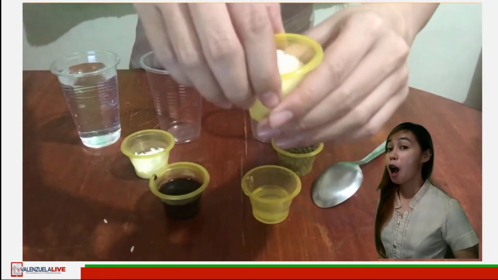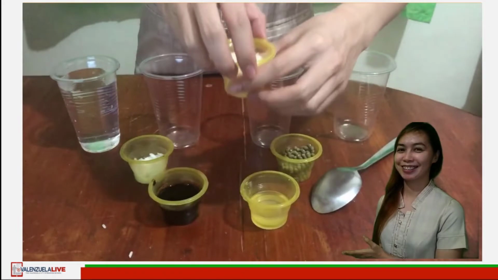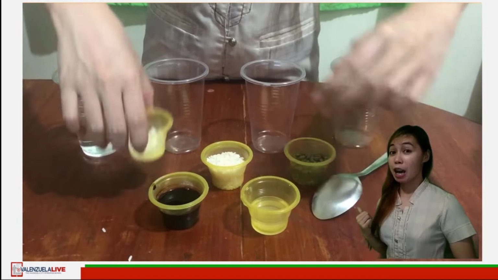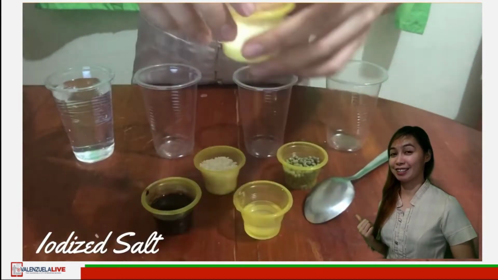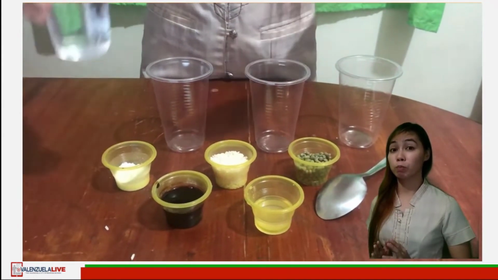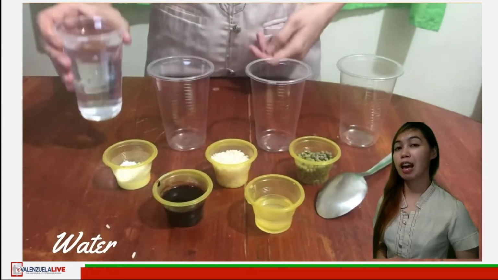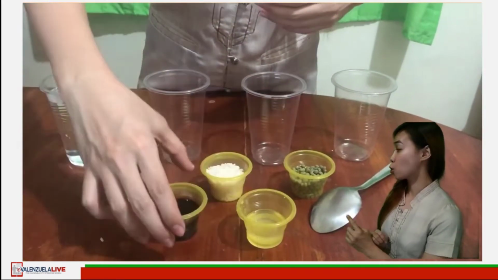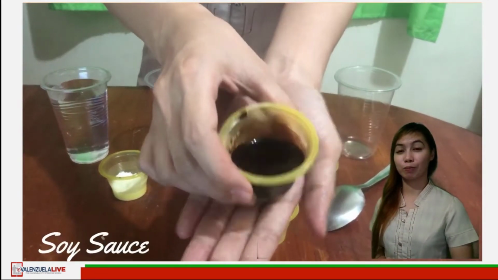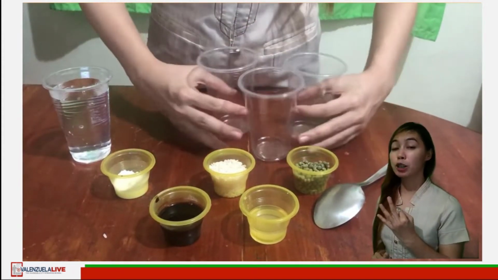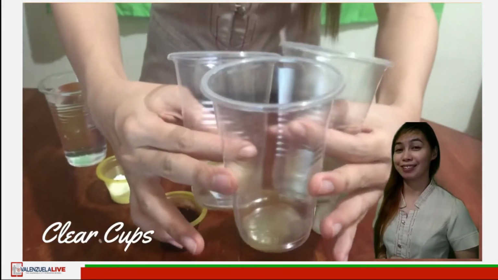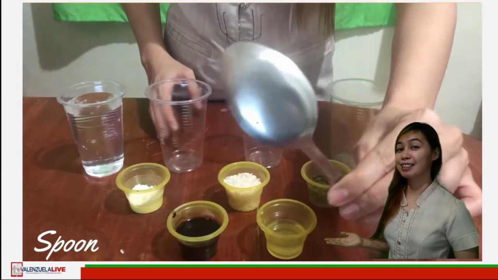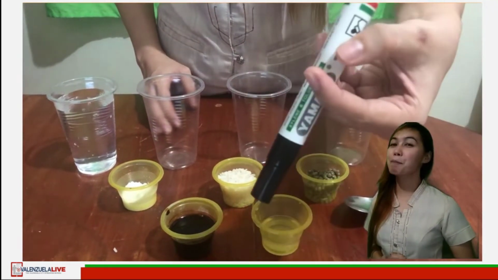We have rice grains, mango seeds, iodized salt, a cup of water, vinegar, soy sauce, 3 clear cups or glasses, a spoon, and a marker.